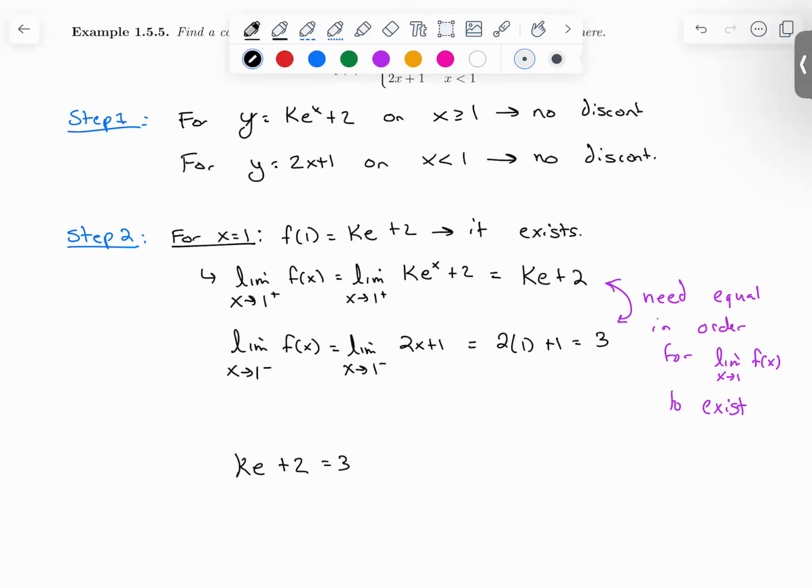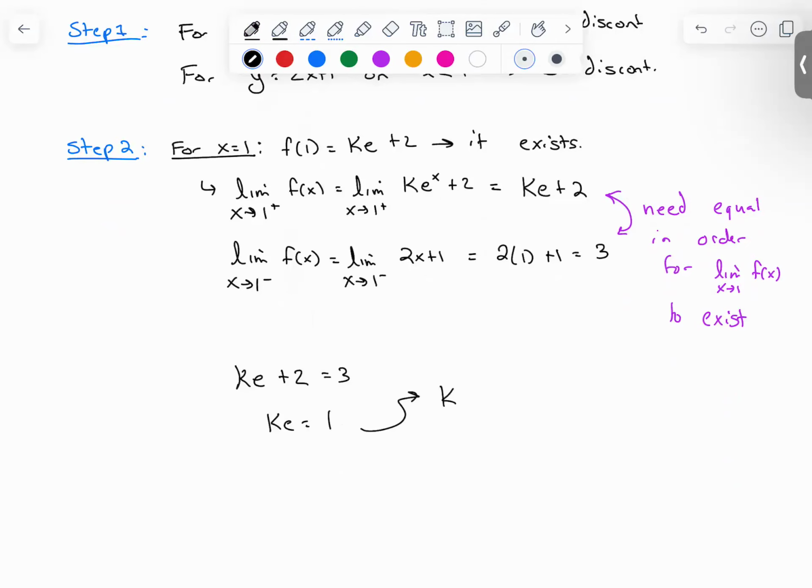It's 2.71-ish. Sorry, e to the first power is 2.71-ish. So we subtract 2, we get ke is equal to 1, which gives us k is equal to 1/e, or e to the -1, however you want to write it.